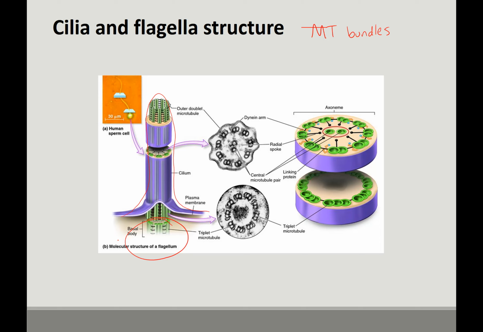Last chapter we talked about microtubule organizing centers, and basal bodies were one of those. What happens is a centriole will be formed, and the centriole will come up to the plasma membrane and kind of turn in, or now we call it a basal body. And basal bodies, like centrioles, have a 13 triplet structure.